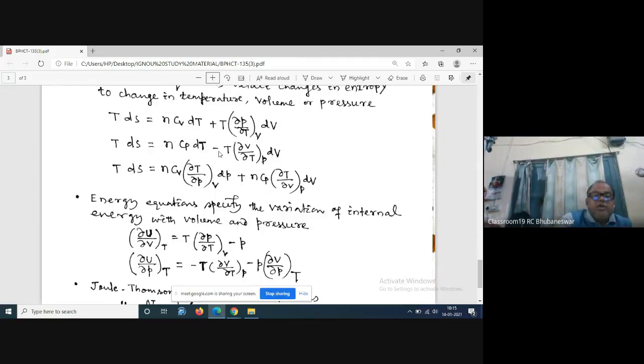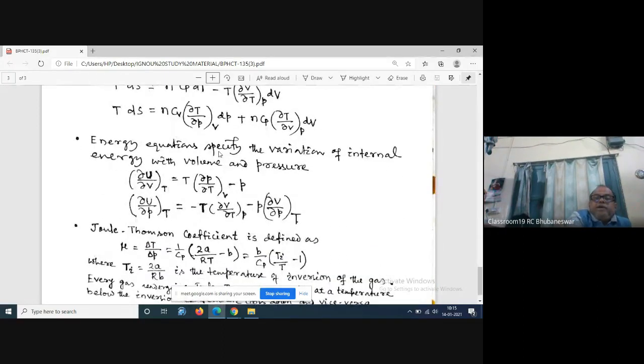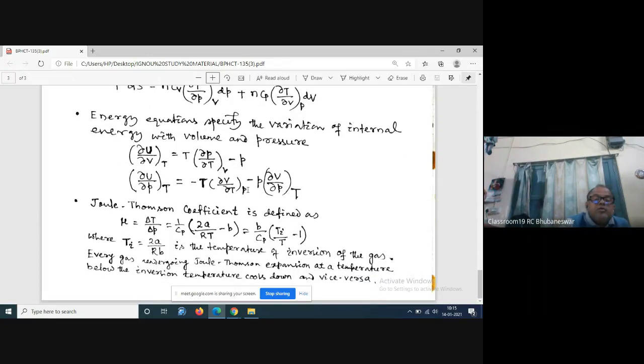And the energy equation, where we specify the variation of internal energy with volume: del U by del V at constant T equals T del P by del T at constant V minus P. And the Joule-Thomson coefficient, mu equals del T by del P equals 1 by Cp times (2a by RT minus b), which is b by Cp times (2a by Rb, that is Ti by T, minus 1).